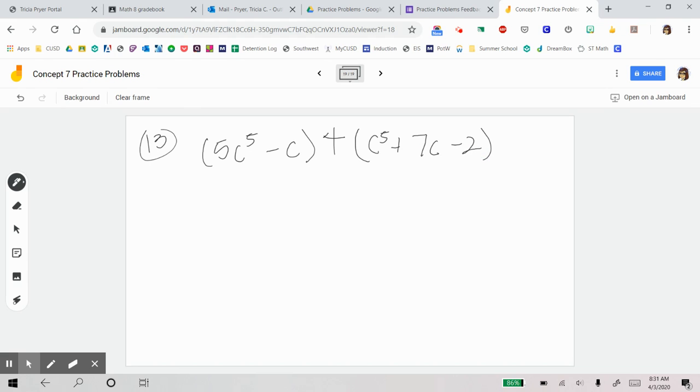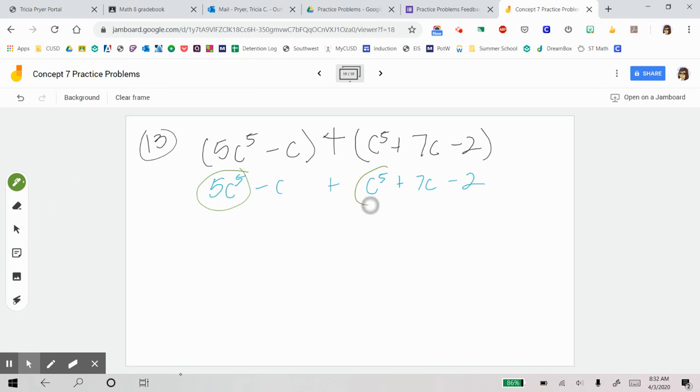Okay, these ones we are not multiplying them together because there's a plus sign in between them. So all we're doing is combining like terms. Since it's adding, we can just drop the parentheses: 5c to the 5th minus c plus c to the 5th plus 7c minus 2, and then combine the like terms.